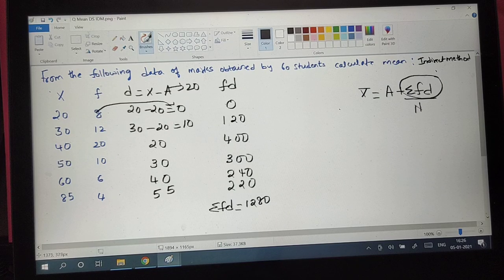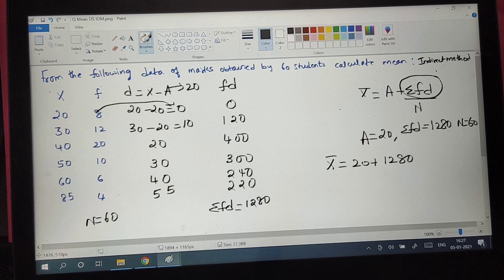Now here a is equal to how much? We have assumed 20. Sigma fd total we have 1280, whereas n equal to how much we previously calculated, which is 60. So let me put it here also, n equal to 60. Now x bar equal to 20 plus 1280 divided by 60.